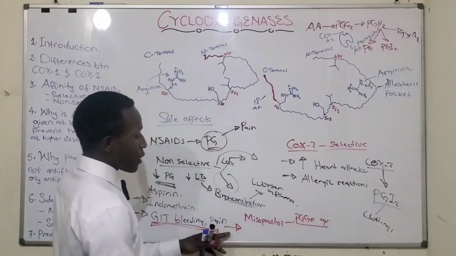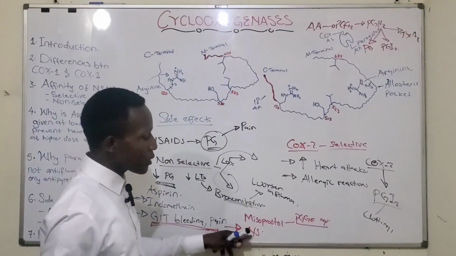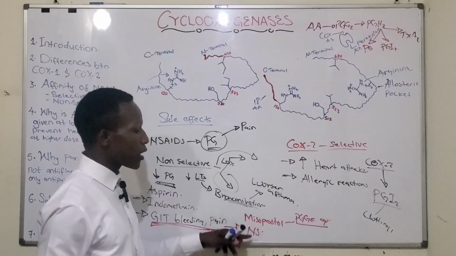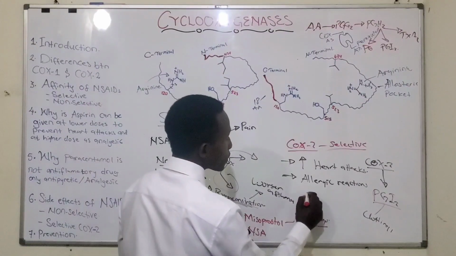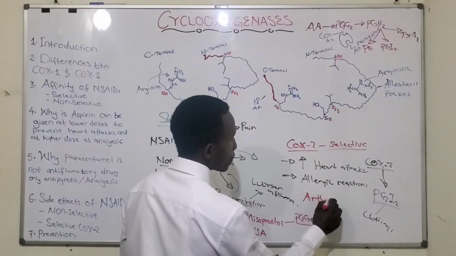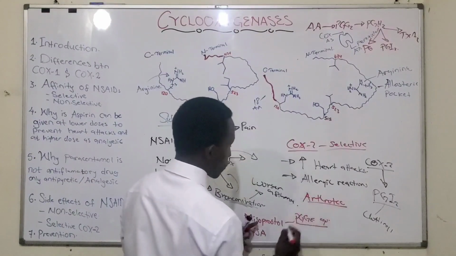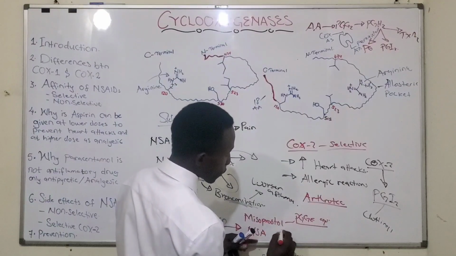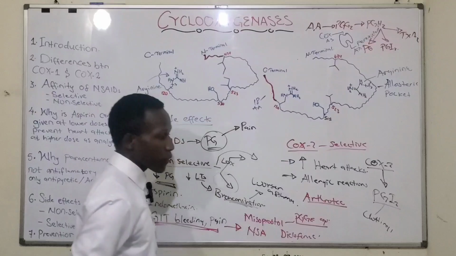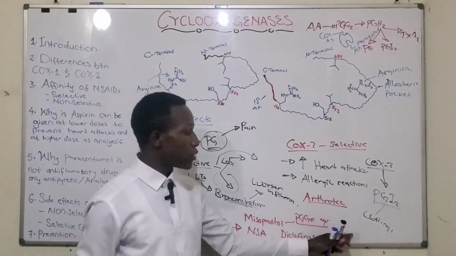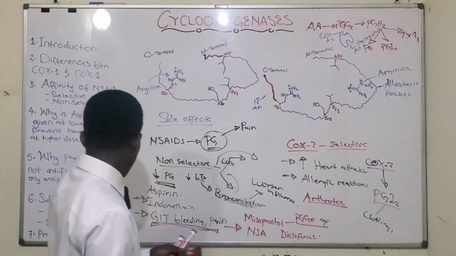So the NSAID prevents the pain, then this one protects the GIT against the side effect of the NSAID. For example, in Arthrotec, the combination of misoprostol and diclofenac is used in treatment of rheumatoid arthritis.